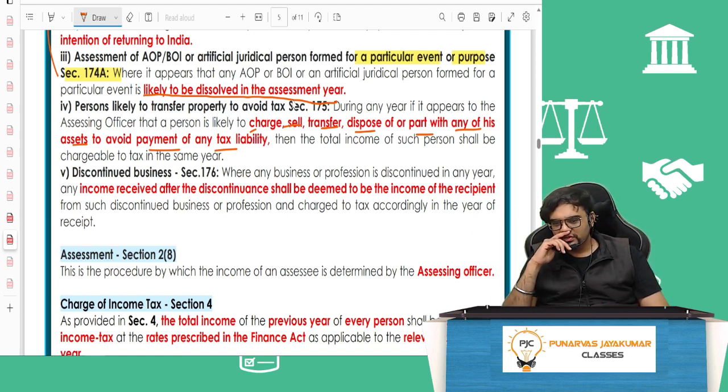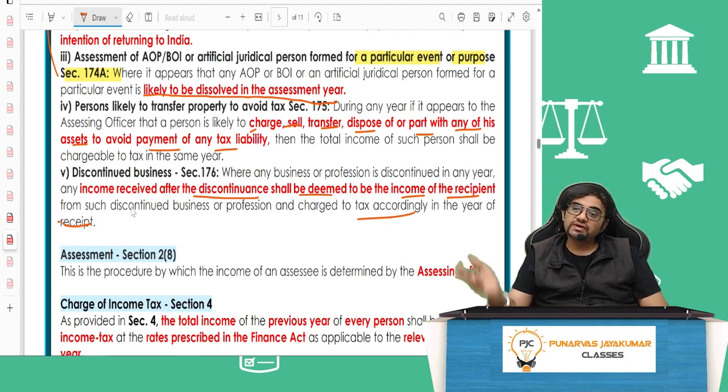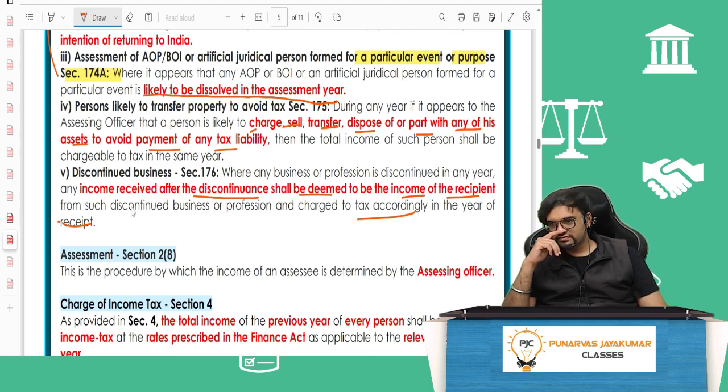Then discontinued business. Where any business or profession is discontinued in any year, any income received after the discontinuance shall be deemed to be the income of the recipient and taxed accordingly in the year of receipt. You will see this later also, for example, bad debts. Bad debts recovery, you will see in section 41.